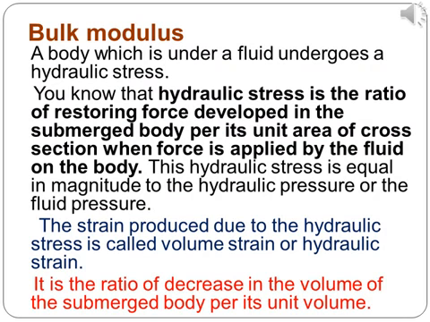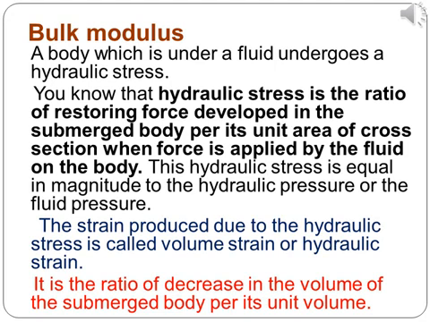From the last class session, you understood that when a body is under a fluid, it experiences a hydraulic stress. It is the ratio of the restoring force developed in the submerged body per unit area of cross section when force is applied by the fluid on the body.